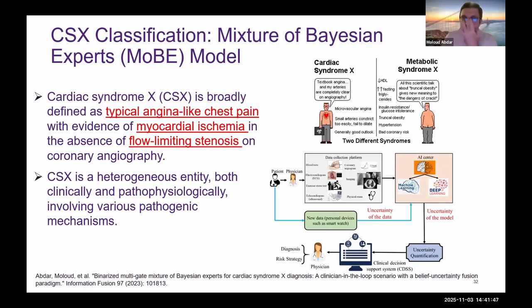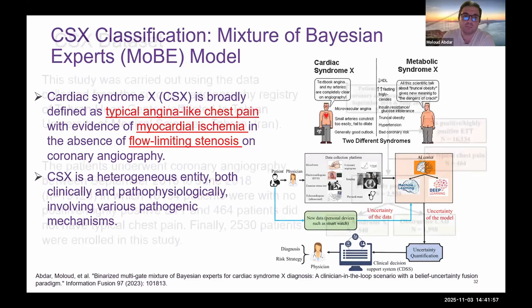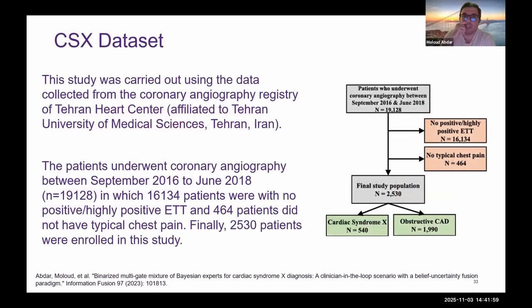It's somehow different from MOE, mixture of experts. We try to involve Bayesian methods in terms of predictions. This work was actually published in Information Fusion.